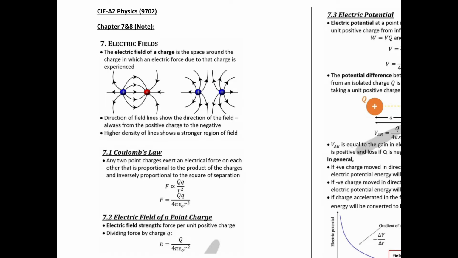So electric field is the region here, around the charge. Okay, so you can see some lines with arrows. That is the electric force. So what is meant by electric force? You can see it is coming out from the positive charge and it is going into the negative charge.